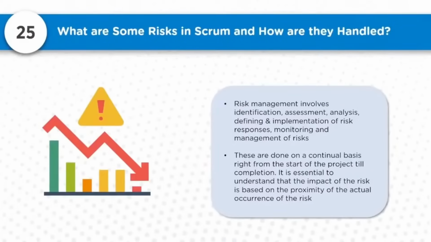So we may need to keep assessing the identified risks and keep identifying new risks as we progress in the project. These are done on a continual basis, right from the start of the project till completion. The reason I say this is that it is essential to understand that the impact of a risk is based on the proximity of the actual occurrence of the risk. For example, if you start working on something, nothing is delivered at the moment.